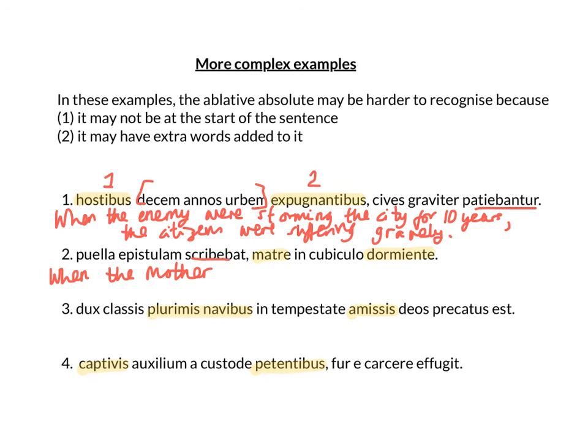Well, our main verb is past, so we'll say was sleeping. And then we're going to do the words which belong with those. So we're going to do in cubiculo, in the bedroom. And then we need to do the main clause, which is the girl was writing a letter.